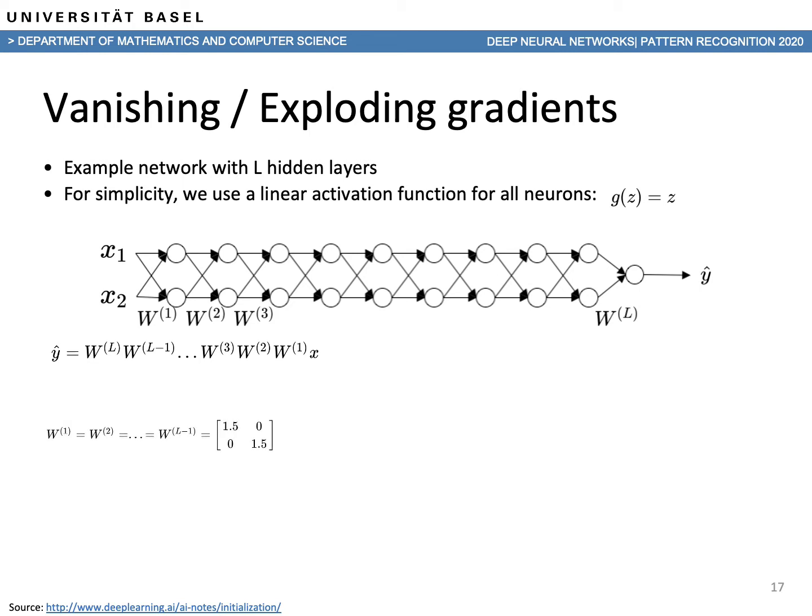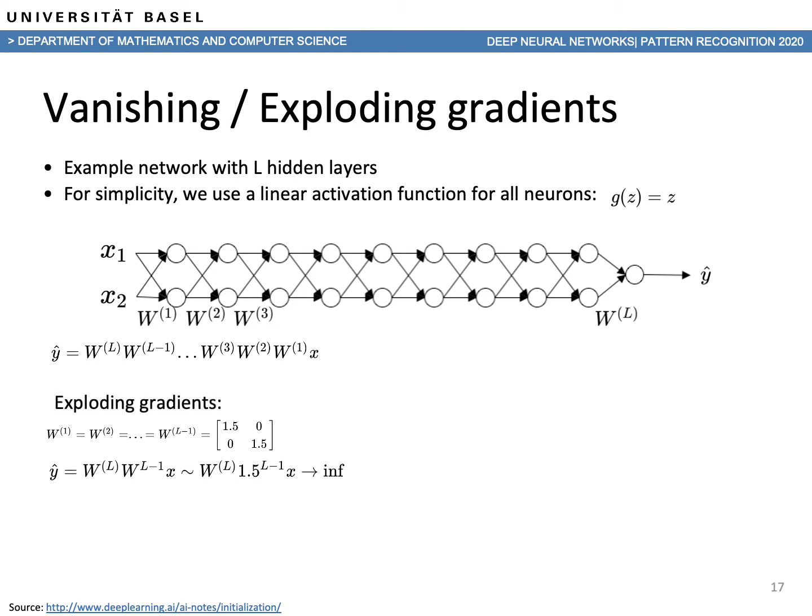And now we can initialize all our weights with 1.5. And what we then see is that if we have this long list of matrix multiplications of 1.5, then our values go towards infinity.